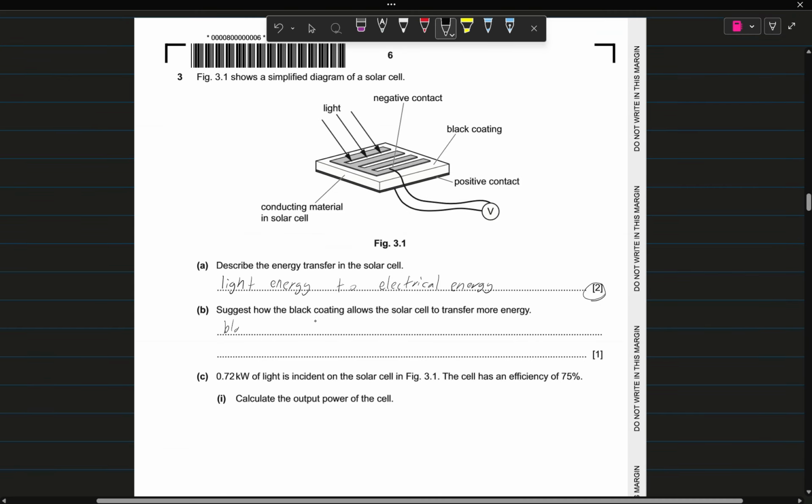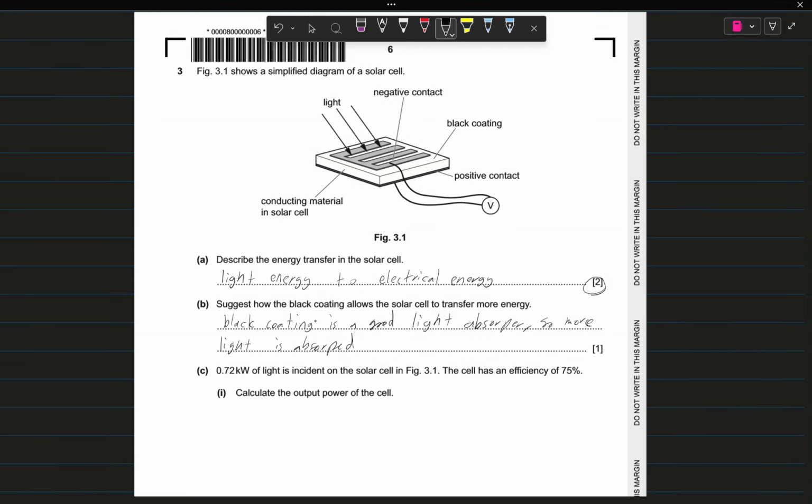So black coating is a good light absorber, so more light is absorbed. That's the idea. Okay, we're done with that.